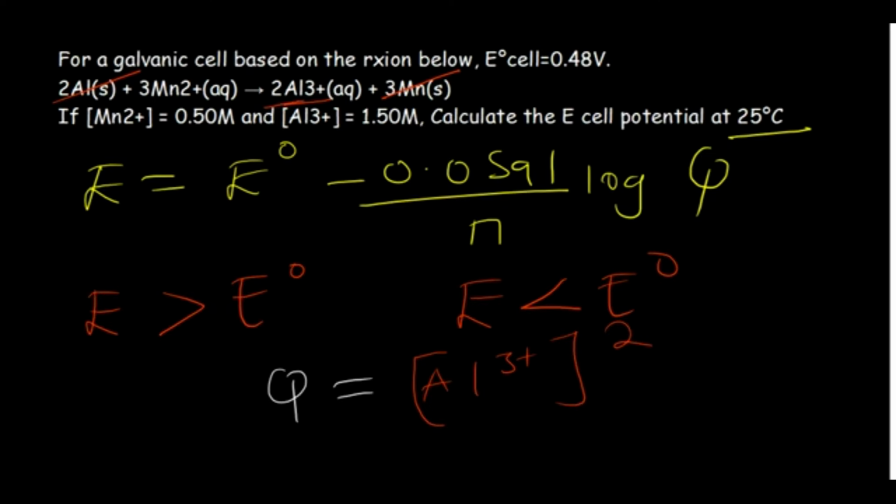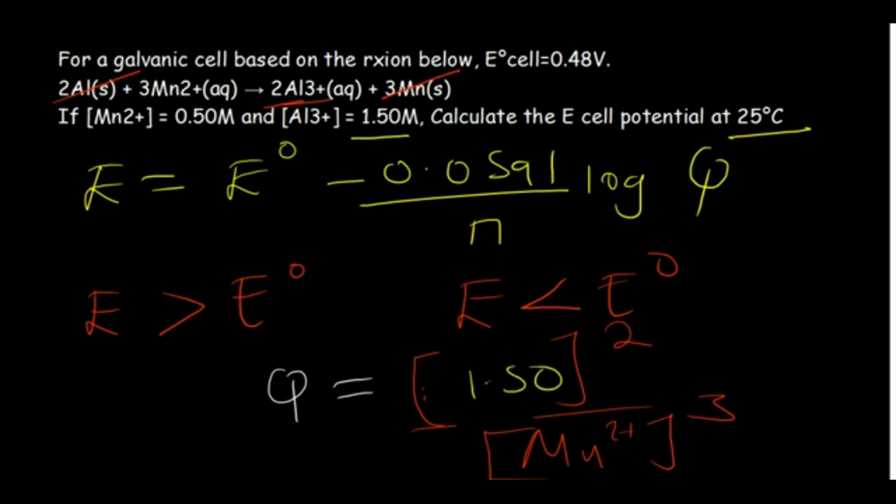The manganese side is raised to the power 3, because that is the stoichiometric coefficient that we have. Then you put in the concentrations that we have: 1.5 for our products, and 0.5 for our reactant.